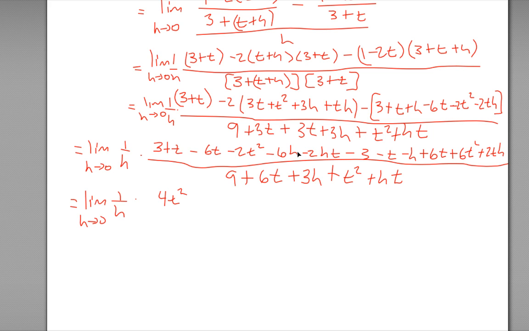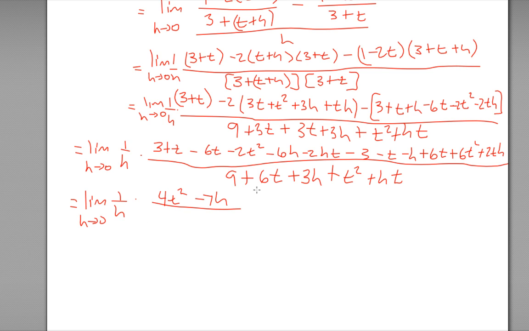Minus 6h minus 7h. That doesn't make me feel happy, but well, let's just try this. Minus 7h. Okay. I feel like my t squared should have canceled out better somewhere. Anyway, let's just carry on then.